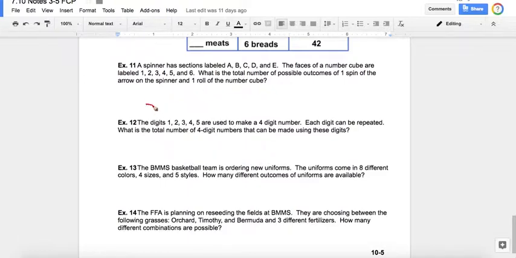So we're spinning the spinner 1 time and rolling the cube one time, so we need another blank. Now, how many possibilities are there on the spinner? There's 5 letters. And how many possibilities are there on the cube? There's 6. And so 5 times 6 is 30. So there are 30 different outcomes possible.